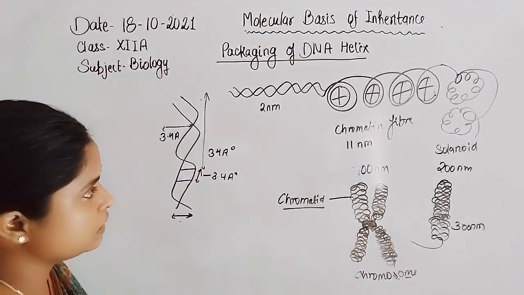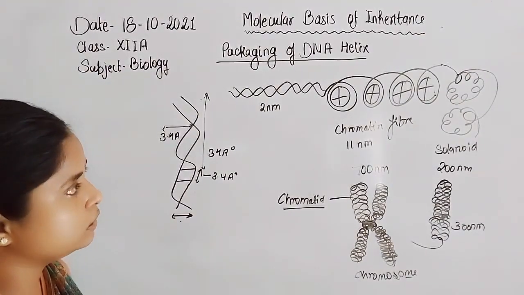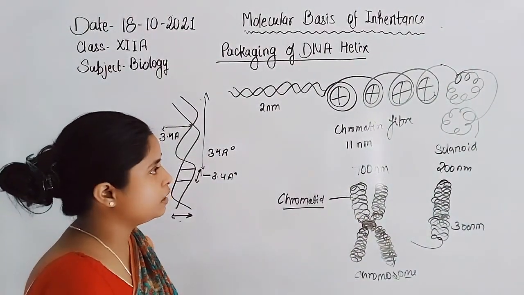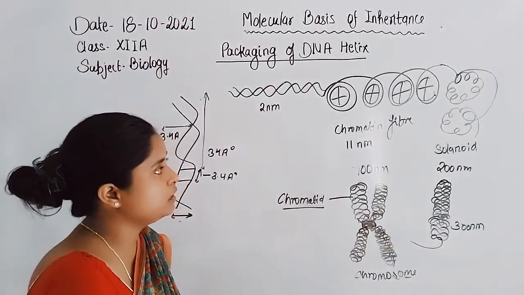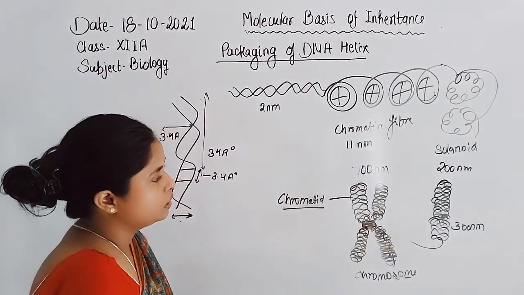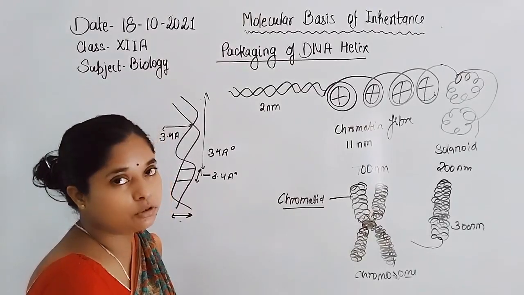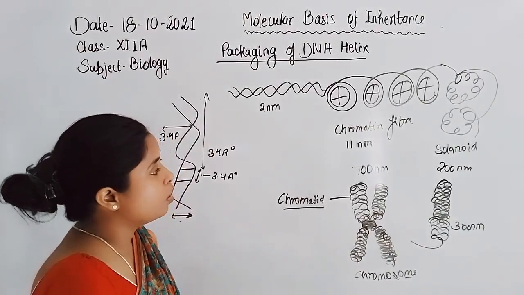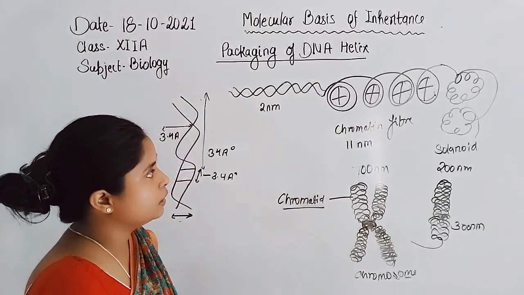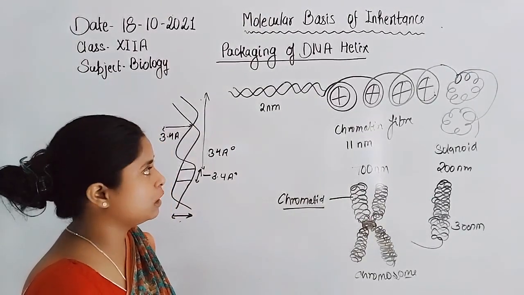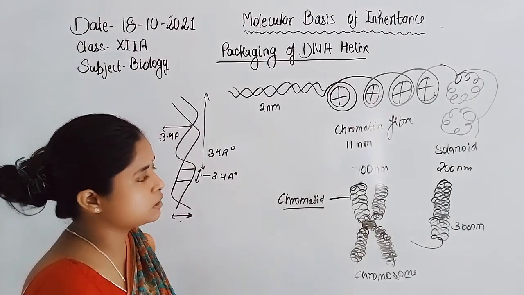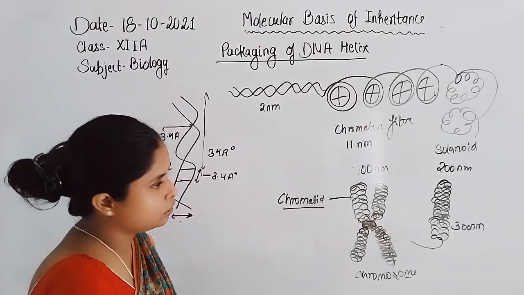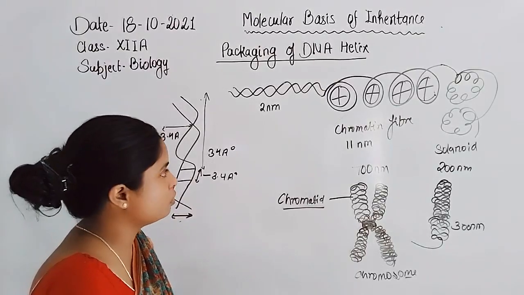So packaging of DNA starts with the formation of nucleosome, where the histone protein consists of histone octamer and H1 protein. The histone octamer has different subunits H2A, H2B, H3, H4, which dimerize to form the histone octamer. The DNA wraps around the histone octamer and the knot is fixed by the H1 protein, which fixes the nucleosome structure of DNA.